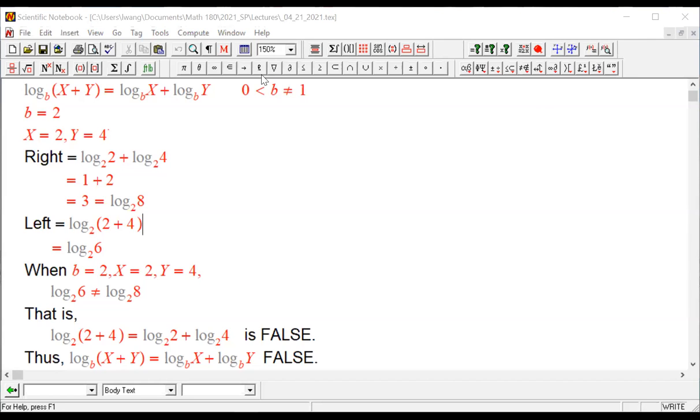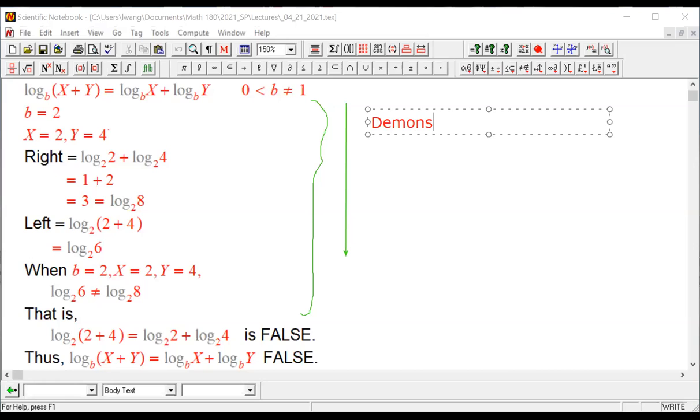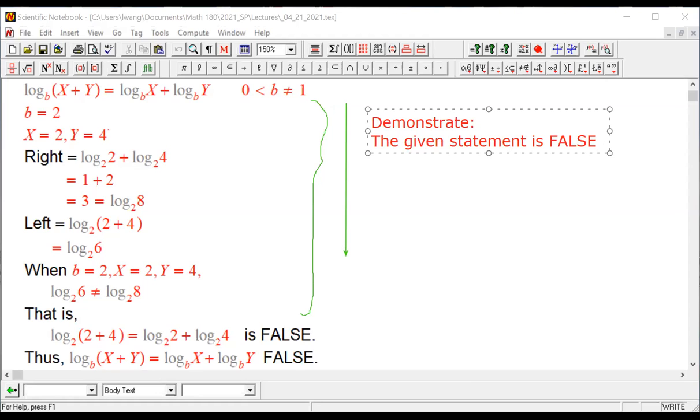I want to demonstrate, throughout this process, very clearly, that the given statement is false once.